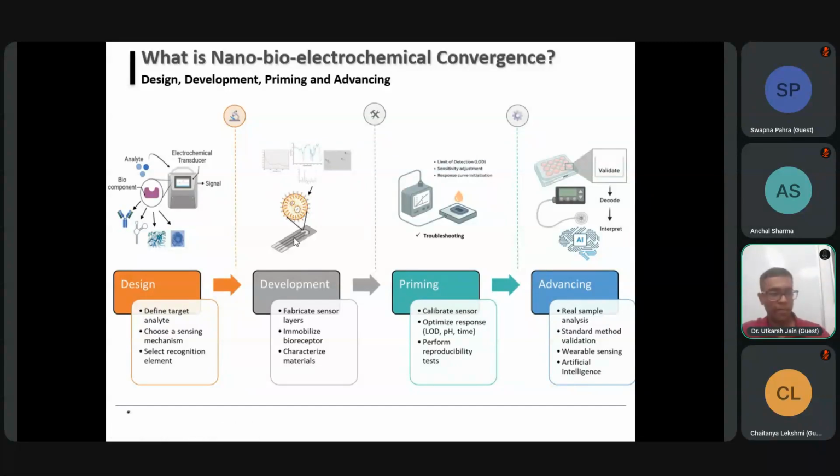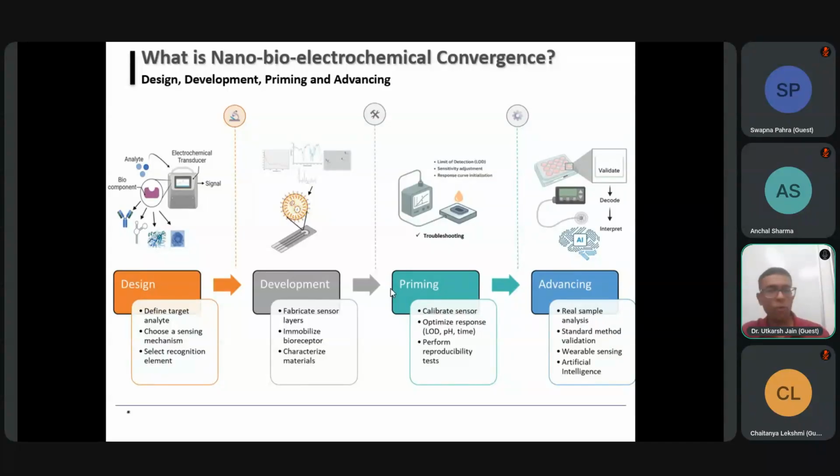So we have discussed design, we have discussed development, and this is the one which we have focused on more and where we have developed this idea of priming. This priming has not been used before in biosensing devices, and very recently I have incorporated it, because I have noticed over the years that researchers who try to develop an electrochemical sensing device miss this part, priming.